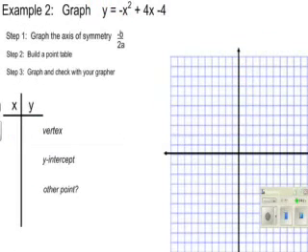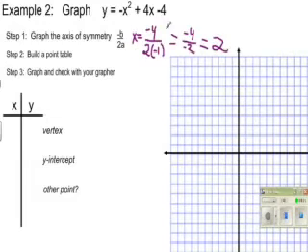Here's another one. Let's find the vertex. Negative b over 2a. Calculate that out. Here you can see I use the formula x equals negative b, negative 4 over 2a, and I simplify that out and I get a 2. So there's my axis of symmetry.